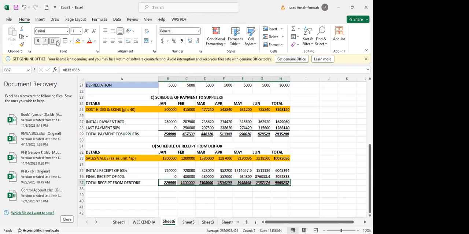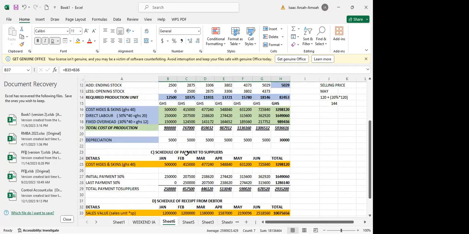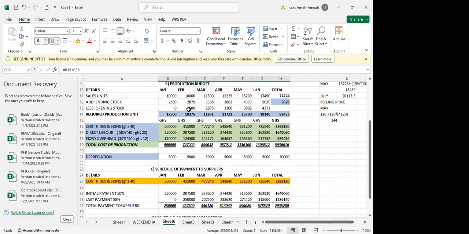Now, from here, we can prepare the cash budget, which is the last requirement. We are almost closing, we're just about completing it.